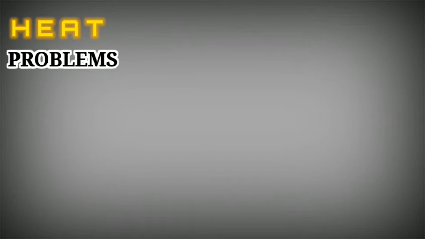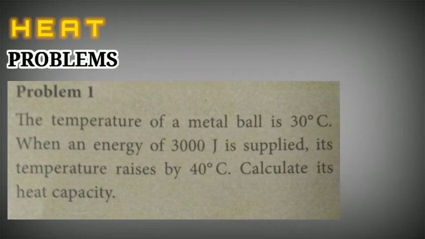Problems. First one, the temperature of a metal ball is 30 degrees C. When an energy of 3000 joule is supplied, its temperature rises by 40 degrees C. Calculate its heat capacity.